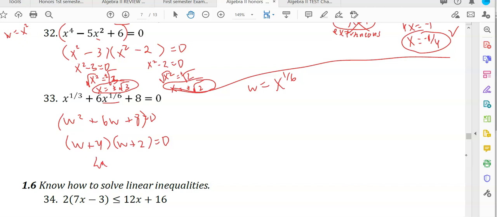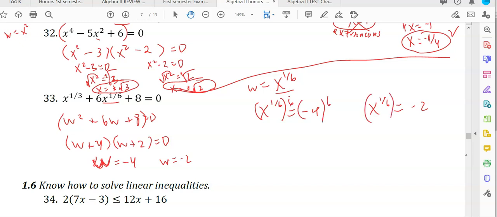So W equals -4 and W equals -2. Now we've got to replace W with x to the 1/6. That's a W, by the way, a really messy W. So we get x to the 1/6 equals -4 and x to the 1/6 equals -2. We're going to take both sides and put them to the 6th power. So we get x equals whatever -4 to the 6th power is.